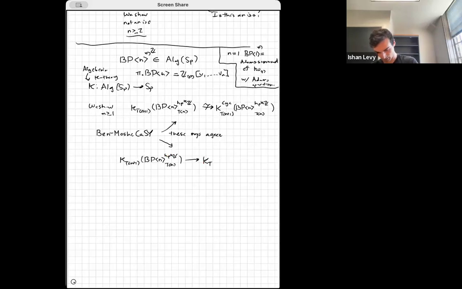So you can map this to the T_{n+1} local K-theory of this ring, but then you take the fixed points after taking K-theory. And the first result, which is called cyclotomic redshift, shows that these two maps agree.